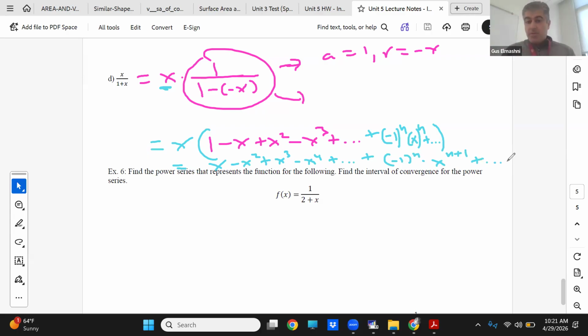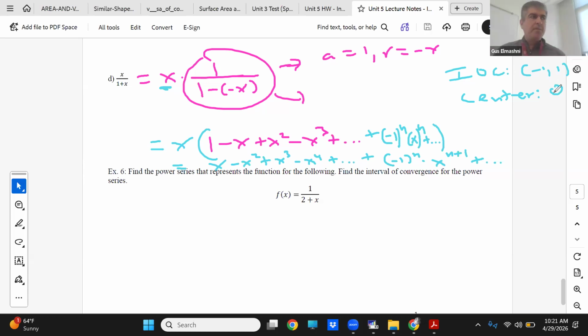And of course, the interval of convergence is still between negative 1 and 1, center at 0. So it's very similar to what we did in part A, just with an extra x.